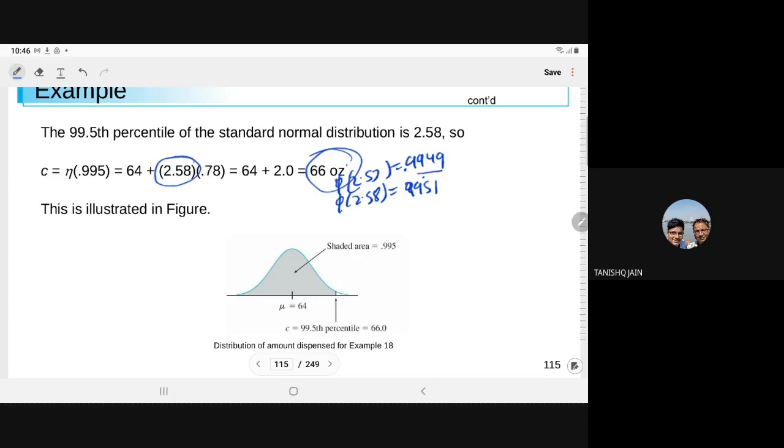It is the middle value, so you can do the interpolation. If the value is in the middle, then only you have to do interpolation. Otherwise, you have to take the nearby value.